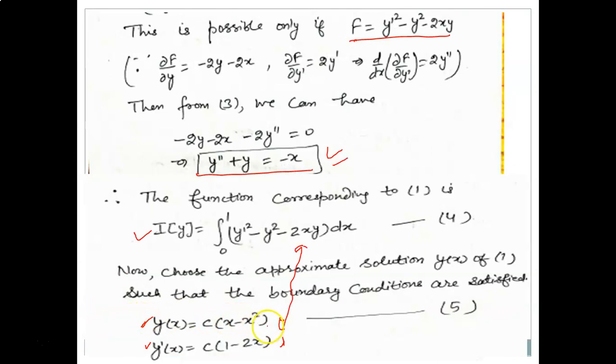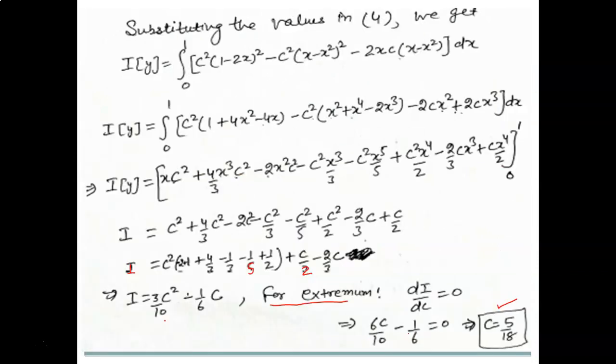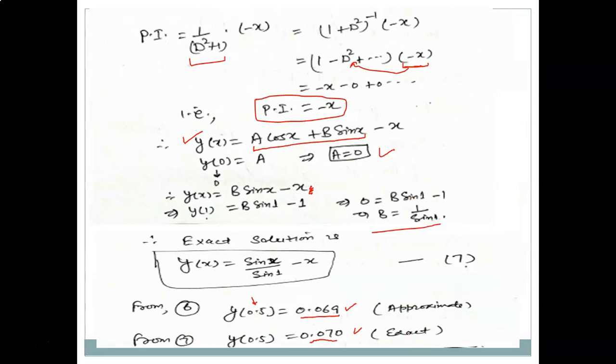Here we could have added one more constant. That means this approximate solution could have been chosen in this way: x minus x square, and then c1 plus c2 x. So actually you could have used two constants. The more constants, the closer the approximate solution will be to the exact solution. So this is the idea here.